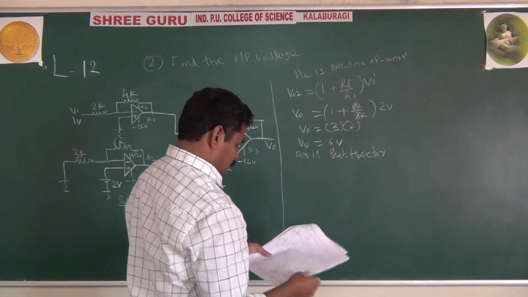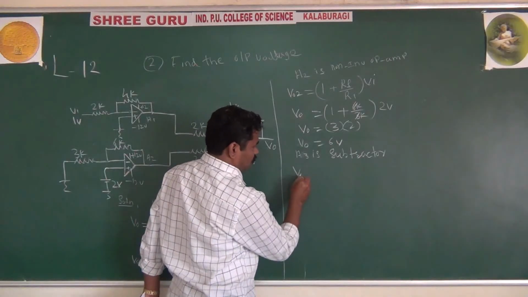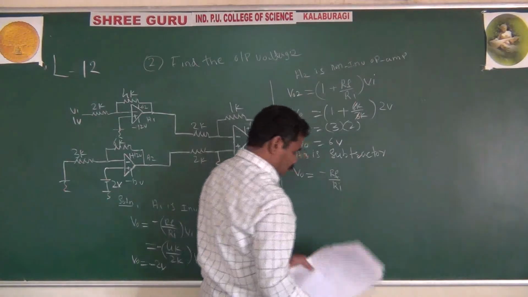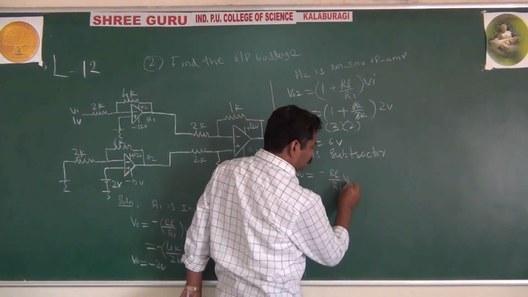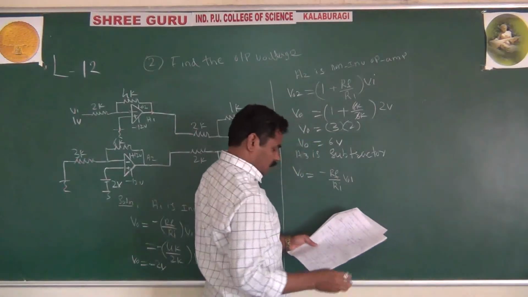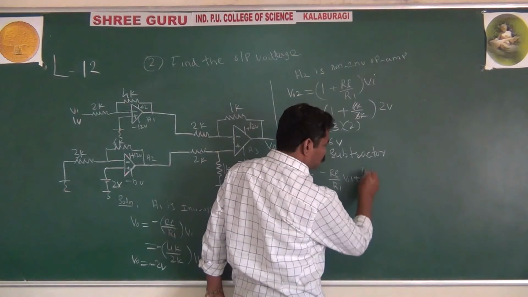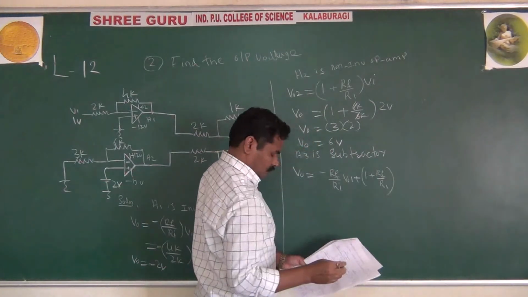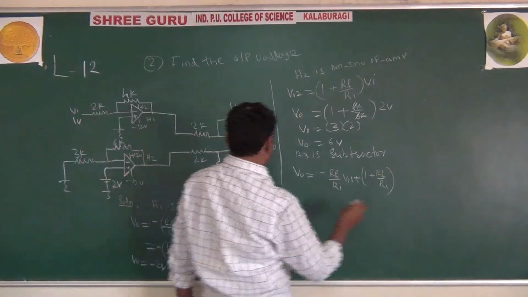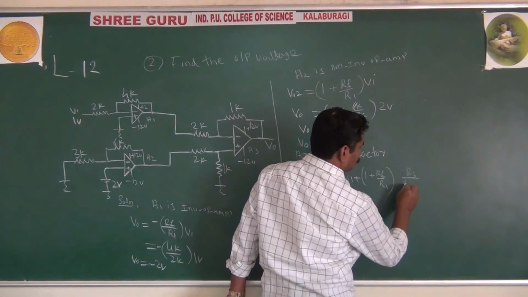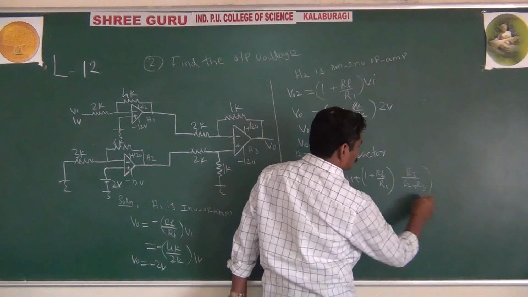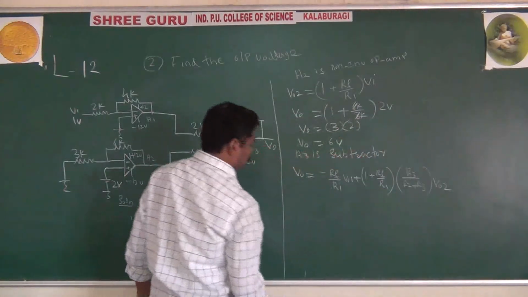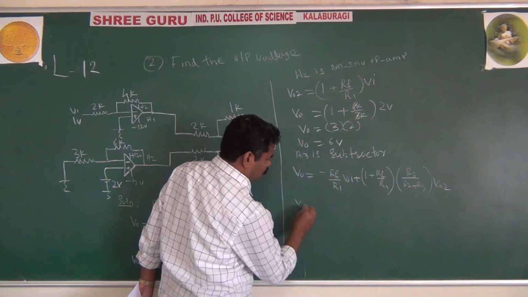The formula for the subtractor is V0 equal to minus Rf by R1 into V01, plus 1 plus Rf by R1 into R3 divided by R2 plus R3 into V02. Just simplify it.